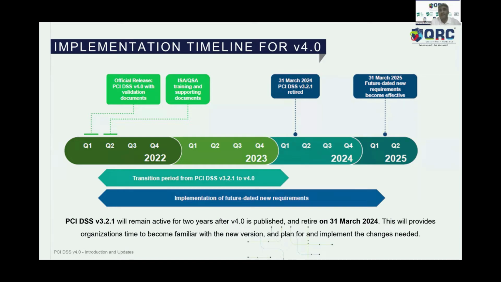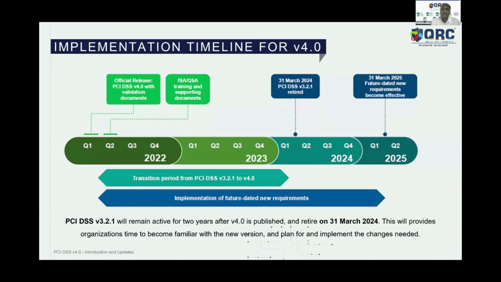So the organization gets 2 years of transition to implement the latest version of the standard. Also, in the new 4.0, some requirements and controls become effective only from 31st March 2025, because these are specific future-dated new requirements. So it is almost 3 years from now that the organization can implement those requirements.